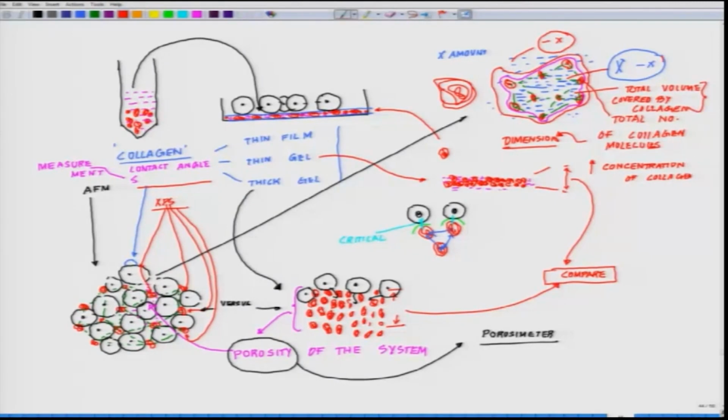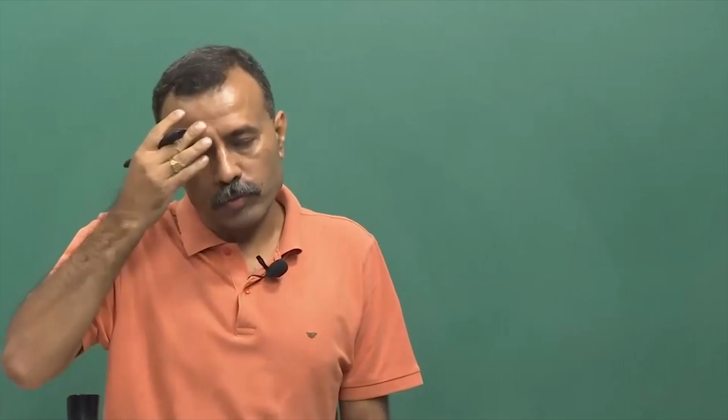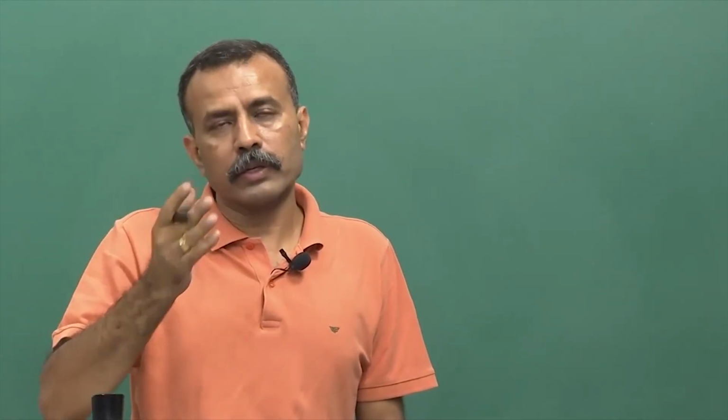Now, you have this value, you have this value, you know how much is the pore space. This is the simplest way how one calculates. Do not fall into the complexity of it. These are very simple techniques, but you just have to put your brain in place to figure them out.